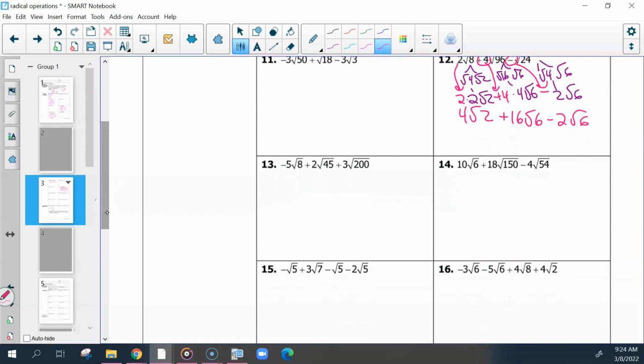Is there anything we can combine? 16 square root of 6 and negative 2 times the square root of 6. So 4 times the square root of 2 plus, simplify or combine that, what would we get? 14.